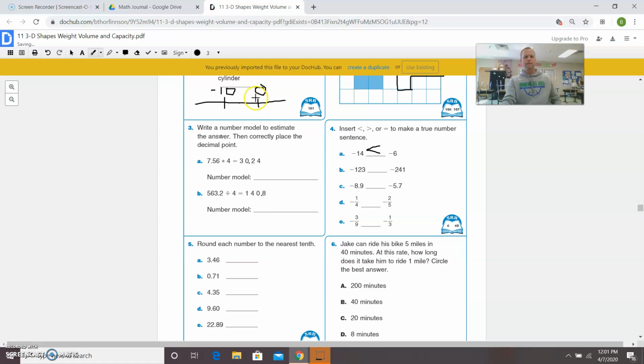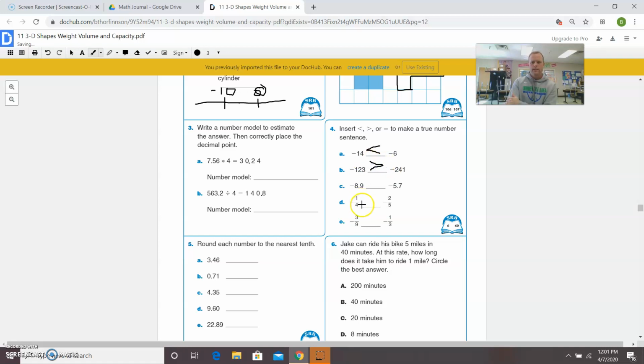So if I'm coming down this, okay, so my negative 6 would be here. My negative 14 would be over here. Well, that is, you move away from your 0, okay, you're getting smaller. Imagine if it's owing money. Would you rather owe $6 to somebody or $14? Well, I would rather owe $6. So it's kind of reverse when you get into these.